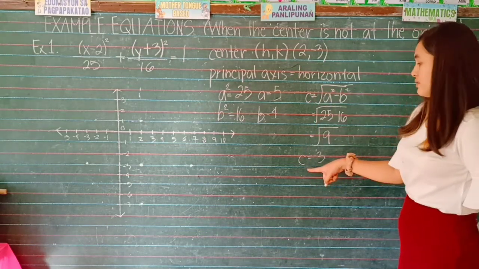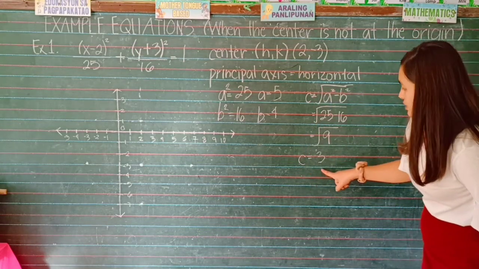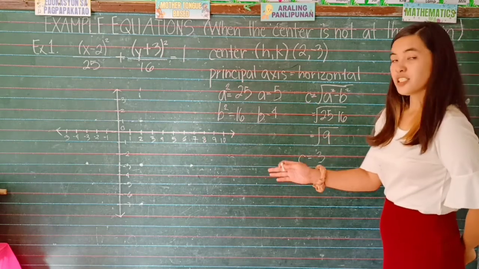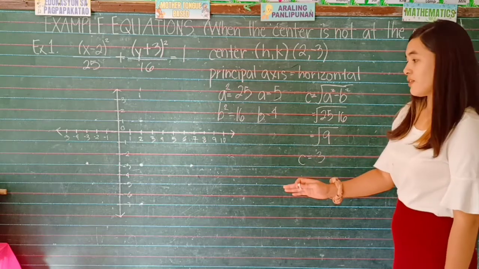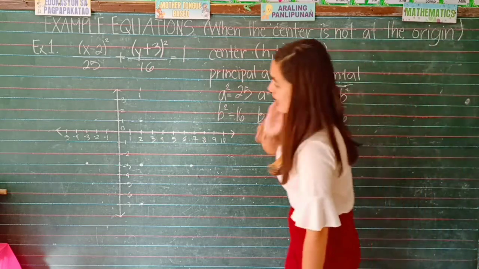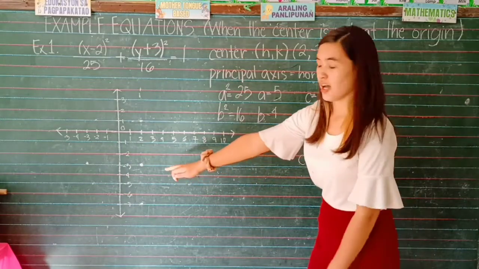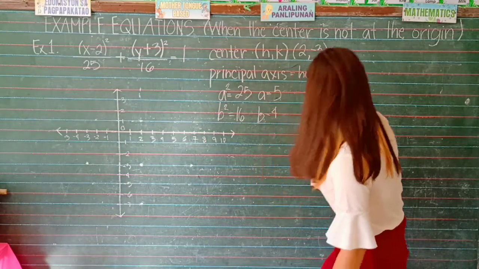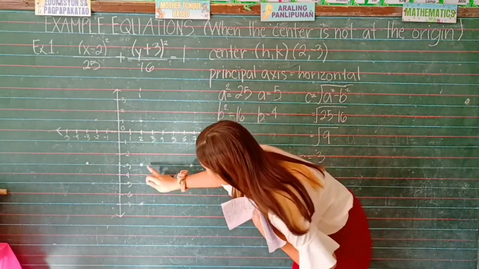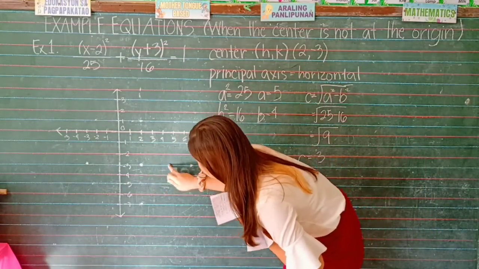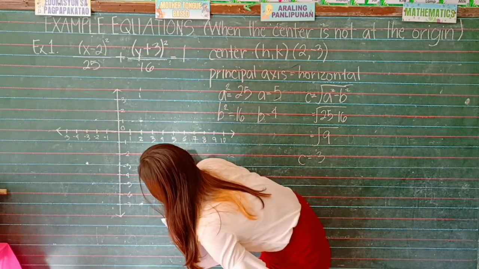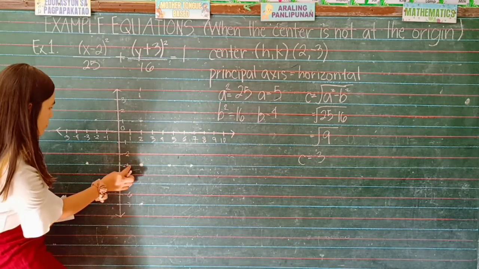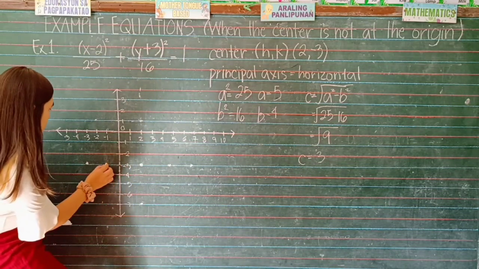So the value of our c is 3. The c represents the distance from the center to the focus. Since our axis is horizontal, the foci are on the sides. So let's count: 1, 2, 3, and on the other side, 1, 2, 3.